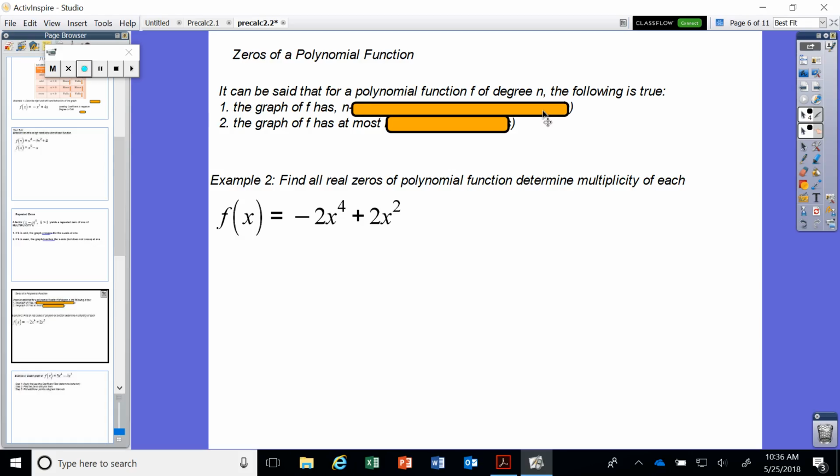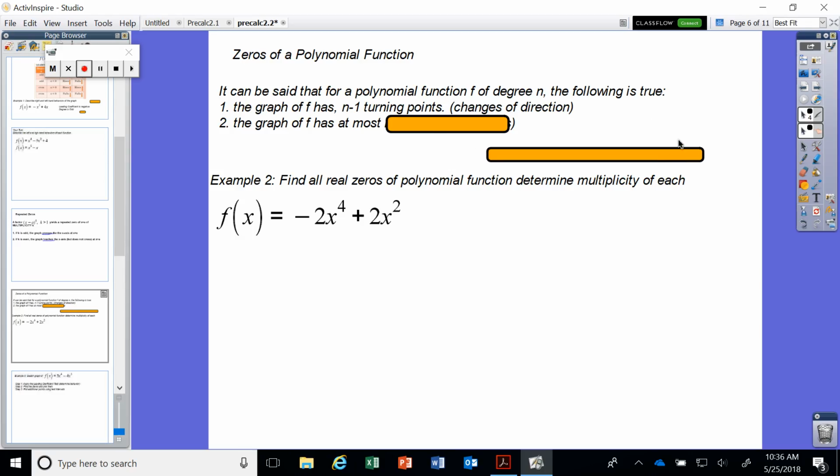Well, hopefully we understand that if it has a degree of n, the total number of turning points, or changes of direction, that it can have is n minus 1, because the total number that it could have is one less than the degree itself. Remember, that goes back to talking about the turns and twists that come from that degree itself.